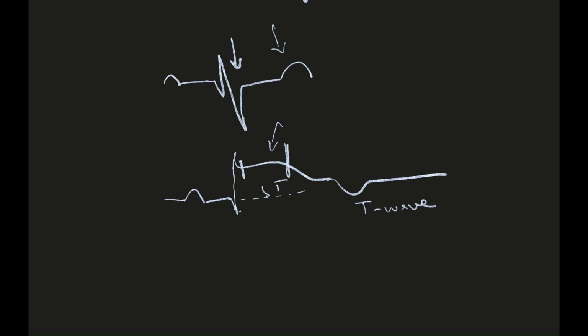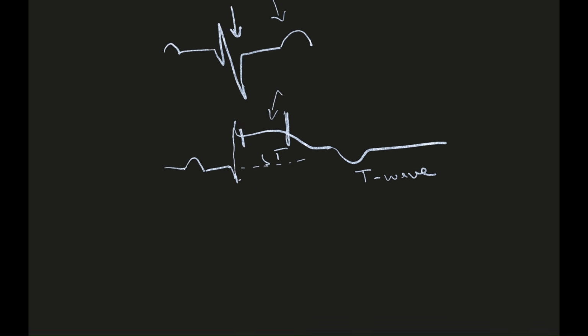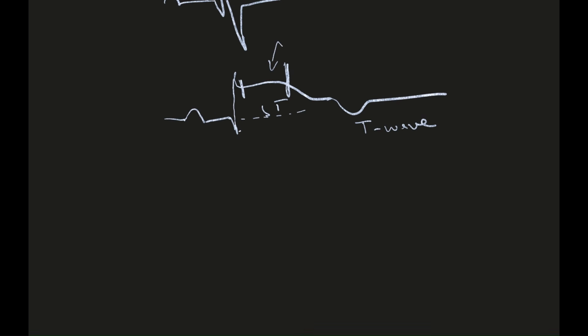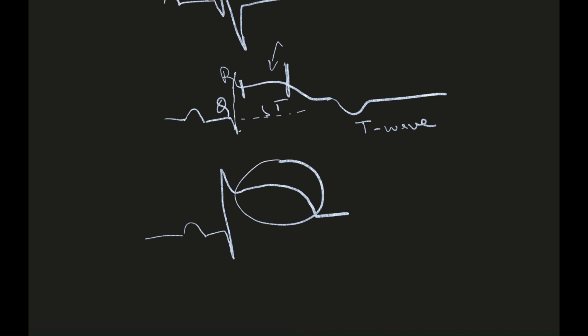If you see this type of changes on the ECG, and you are a student, an intern or a house officer, that is the time you run towards your senior because your patient is having an MI. So this is the Q wave, this is the R wave. It does not touch the baseline. It stays elevated from the baseline and it appears like this. Look, this is the elevation.